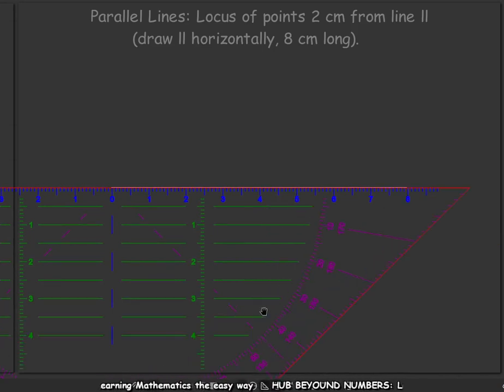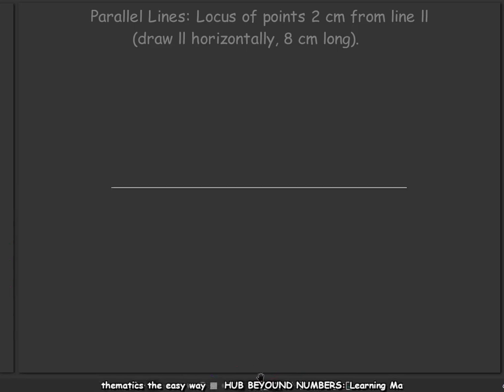Okay. So if this is my 8 centimeter line, we want all the set of points that are 2 centimeters away from this line. You see? So to do that, you need your compass, and you make sure you open 2 centimeters on your ruler.